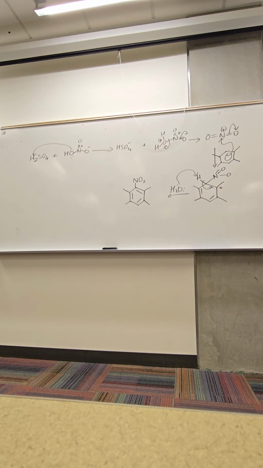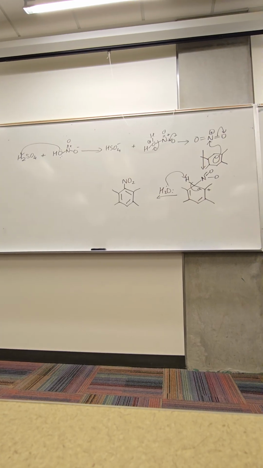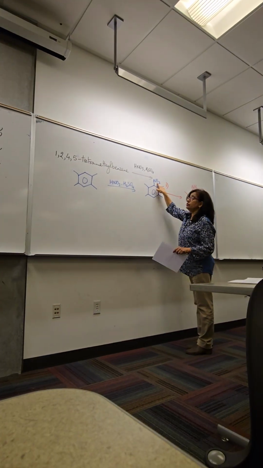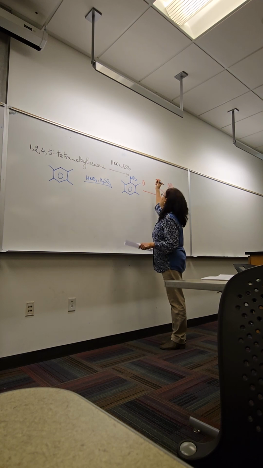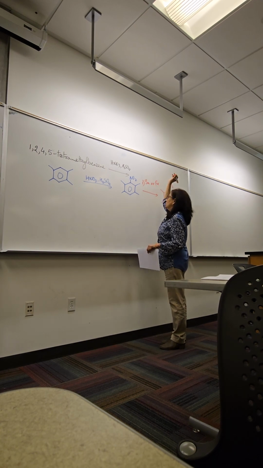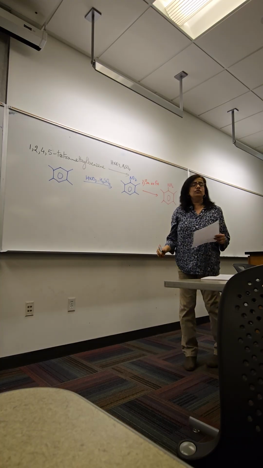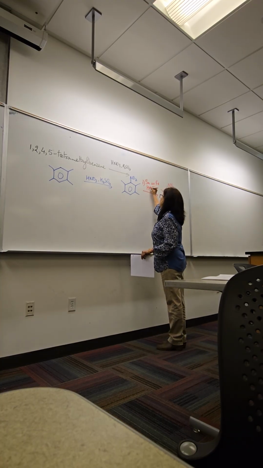How else do you get aniline? Well, you first nitrate the benzene, put a nitro group on it, and then reduce the nitro to become an amino group. The reagents needed to reduce the nitro into amino are either tin or iron, choose one of those two, in an acidic environment.